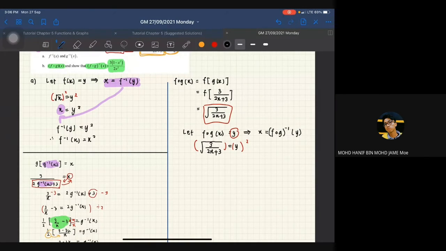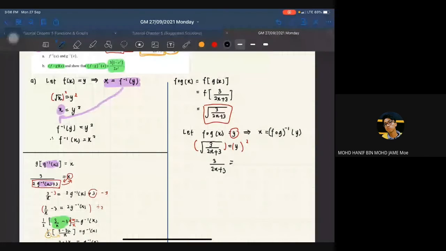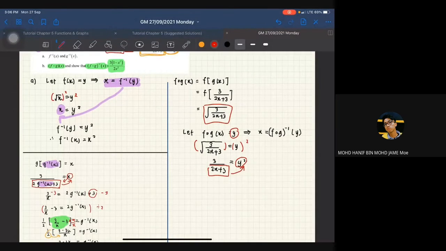Okay, so you will get 3 over 2x plus 3 equal to y square. Okay, so sekarang ni kita punya x duduk dekat bawah. So we will move this one on denominator up here and then y square dekat atas ni pergi tukar ke bawah. Okay, so 3 over y square is equal to 2x plus 3.